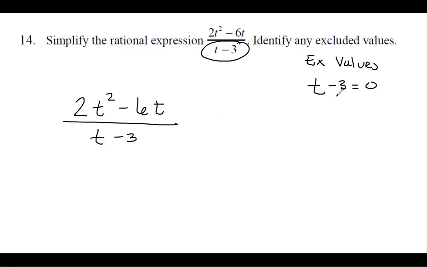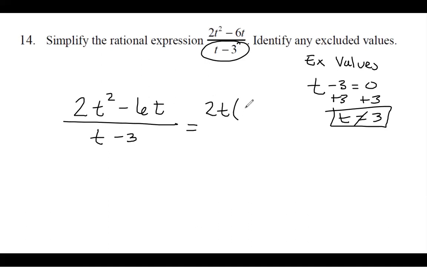So we have a one-step equation. We're going to add 3. So we have t equals 3. So in this case, t cannot equal 3 because that's an excluded value. Okay. Now, back to simplifying. We're going to factor both my numerator and my denominator. My numerator, what do I have in common? 2t. Let's take it out. 2t.